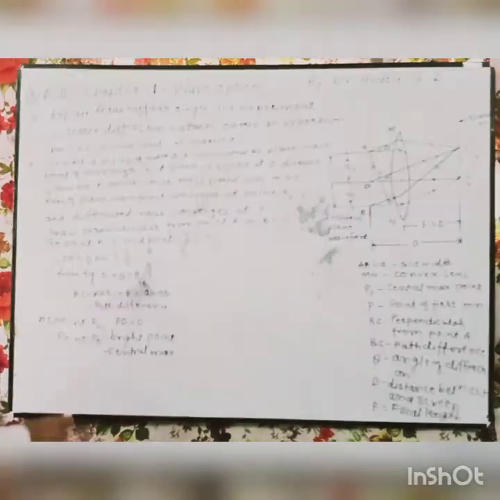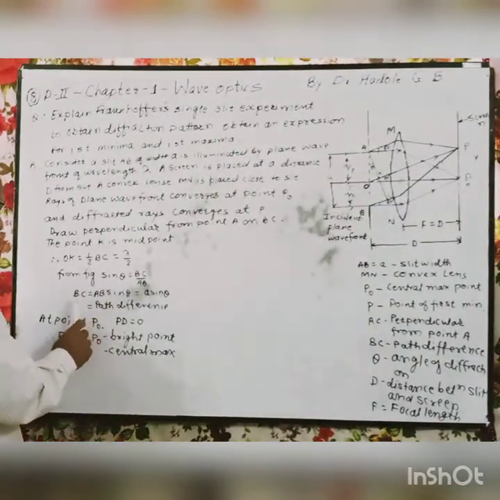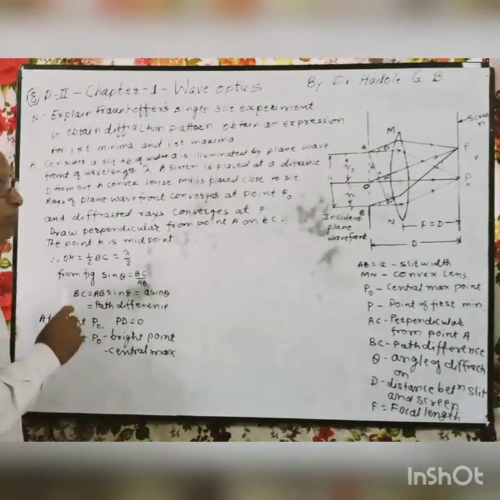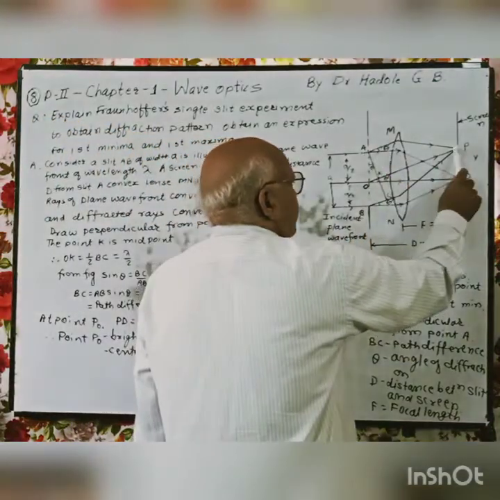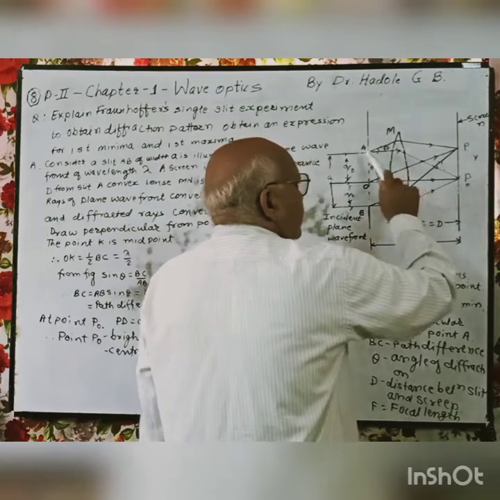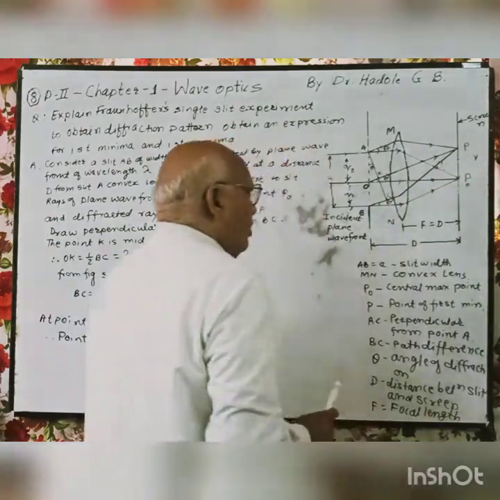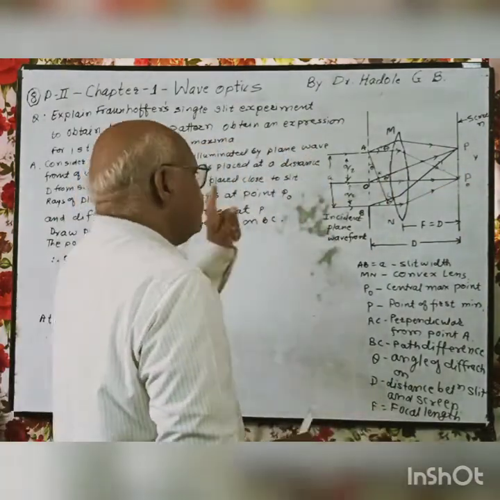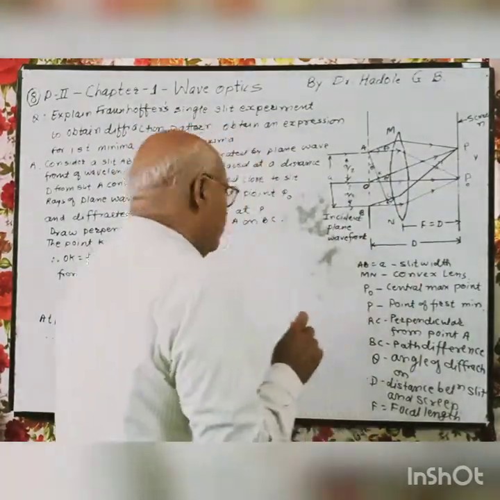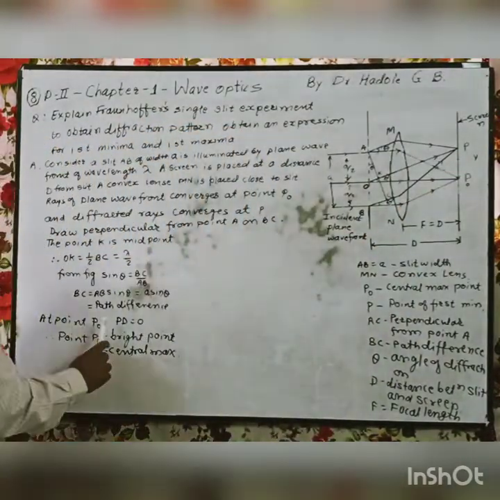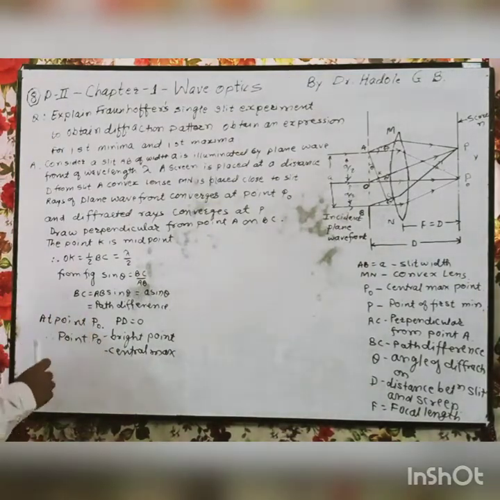Next, BC is the path difference between AP and BP. The rays which are traveling from A to P and B to P have a path difference equal to BC.